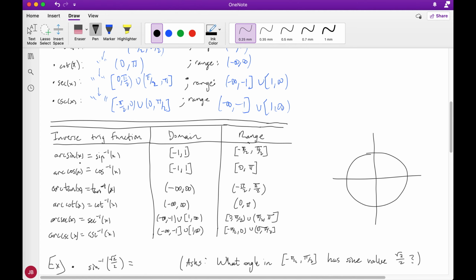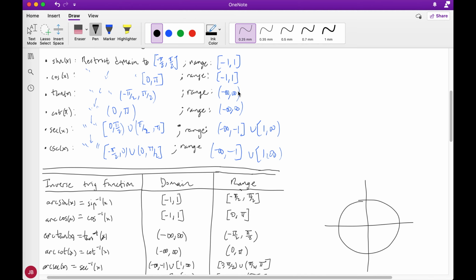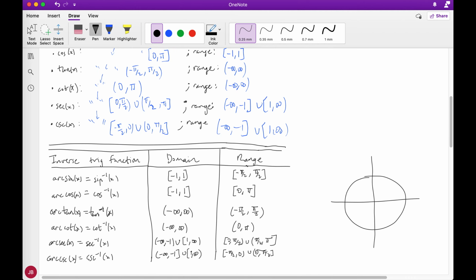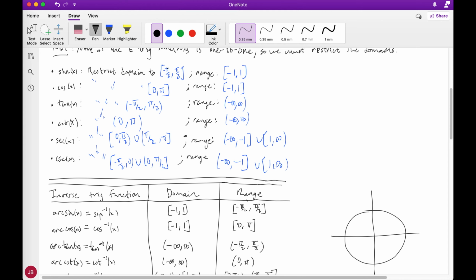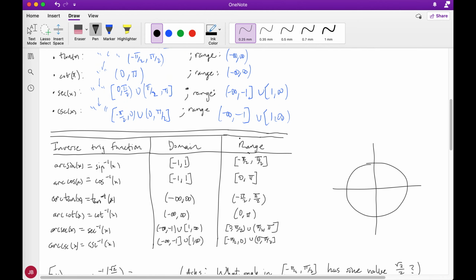I tend to prefer the arc notation, but you'll notice since it's the inverse function, these two columns get flipped, right? So the range of the original trig function becomes the domain of the inverse trig function, and the restricted domain of the trig function becomes the range of the inverse function.